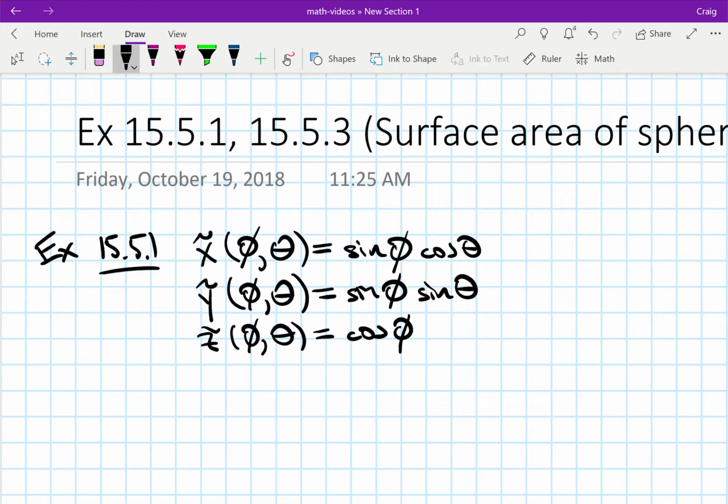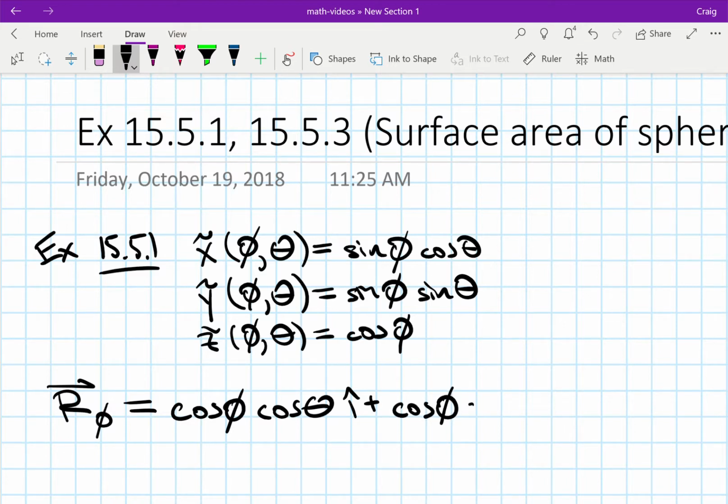So using that description, we can construct our unit vectors. r hat phi, which we found, if you recall, to be cos phi cos theta in the i hat direction, cos phi sine theta in the j hat direction, and there's a negative sine phi in the k hat direction.